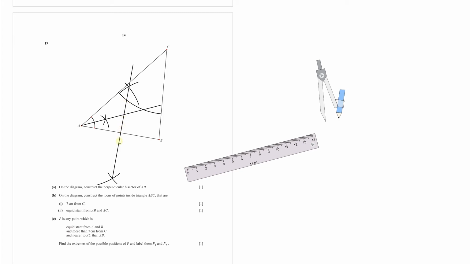Remember, the point P will always be on this line because it is equidistant from A and B. And it is nearer to AC than AB. So nearer to this line AC than this line AB.